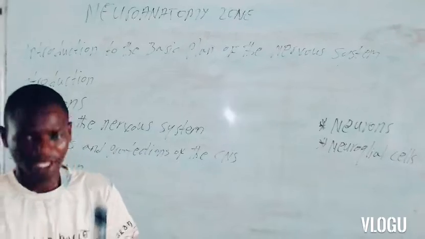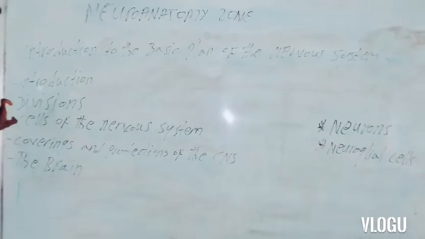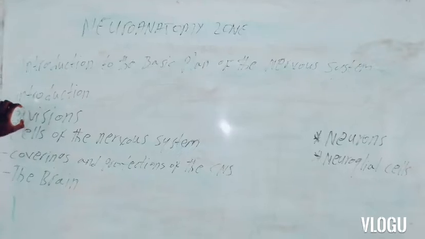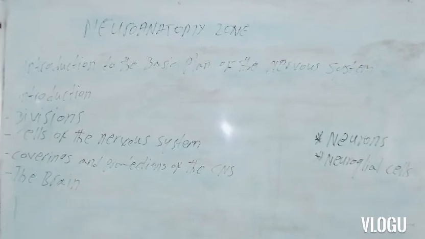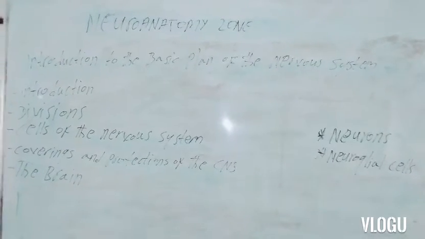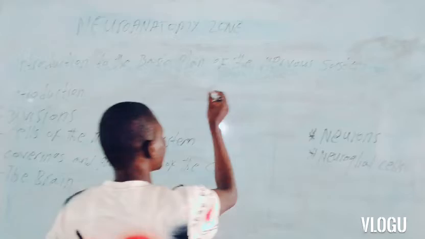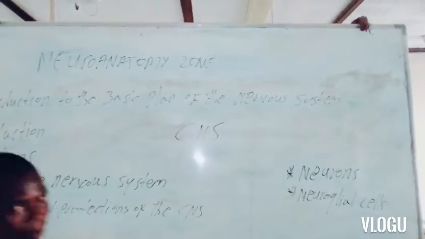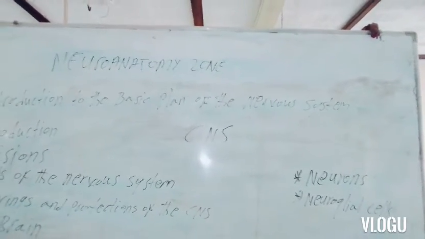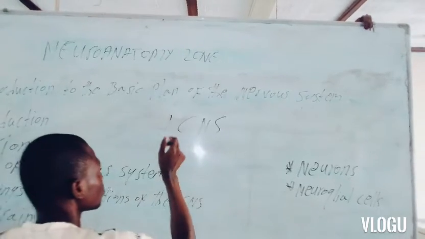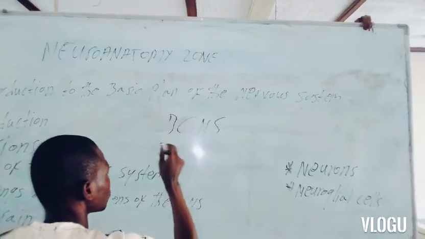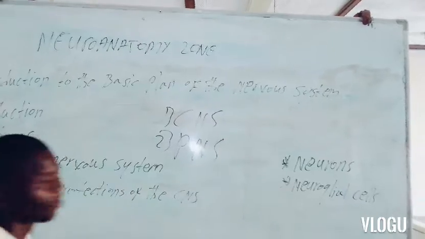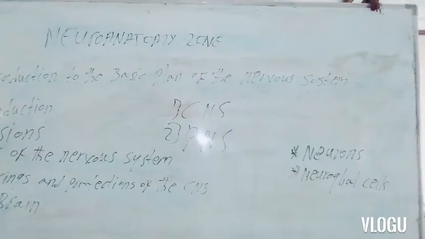The nervous system is divided into two large subdivisions: one, the central nervous system, abbreviated as the CNS, and two, the peripheral nervous system, abbreviated as PNS.